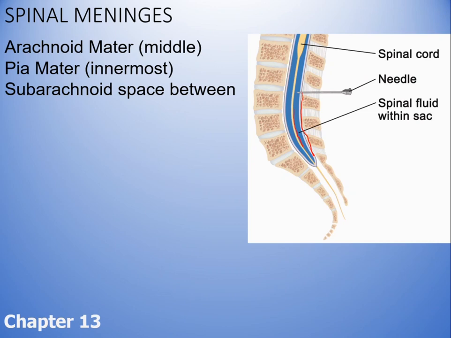This is what we tap with a needle for spinal taps. This space is not filled with connective tissue. This space is filled with spinal fluid, which is also called cerebrospinal fluid or CSF. Oh, there we go, area of spinal tap. I didn't know I added that.